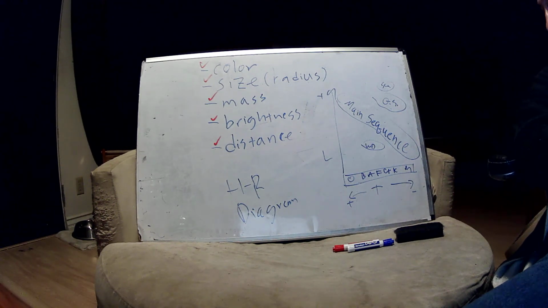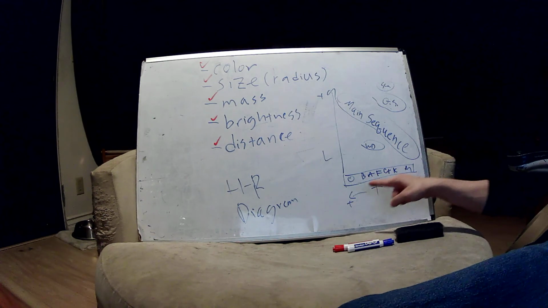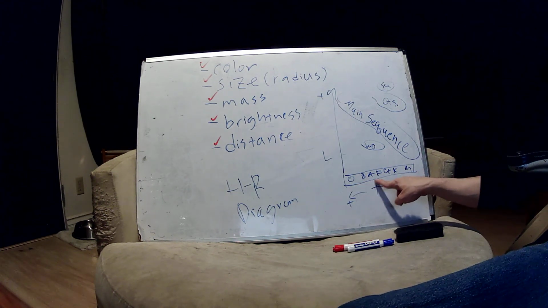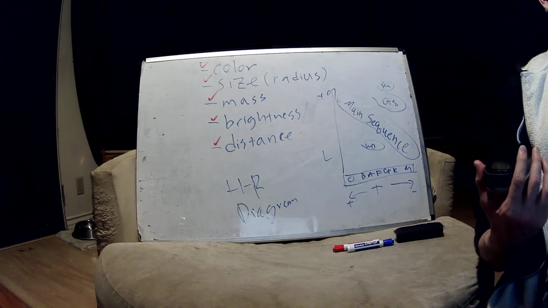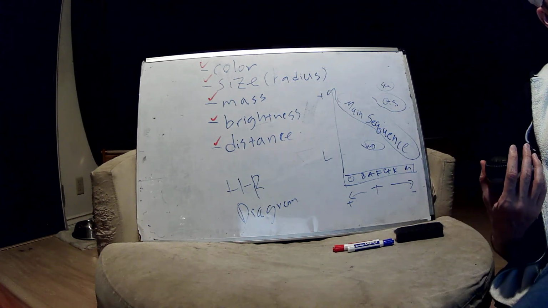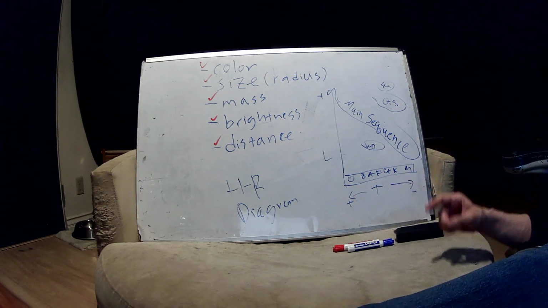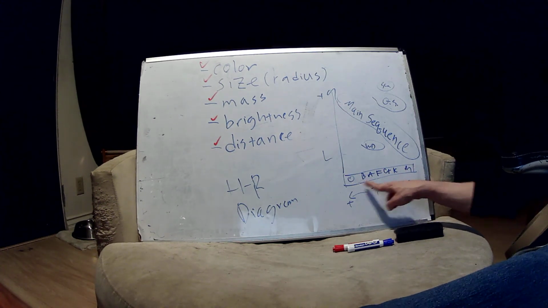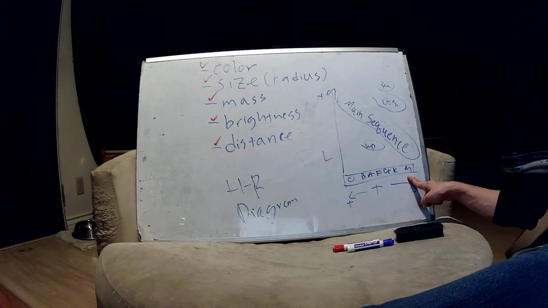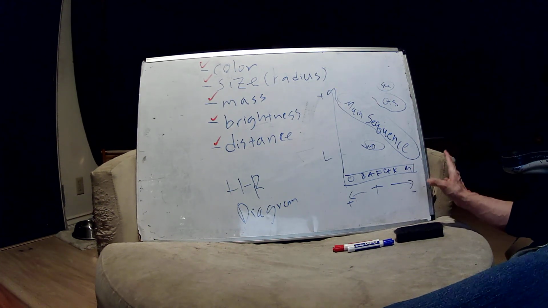Okay, one last thing. This thing here, the spectral sequence, I want you to devise a mnemonic for remembering the spectral sequence. O-class stars, of course, are the hottest, so they're going to come first, and M are the dimmest, reddest, coldest, and least massive, smallest in radius, all that stuff.